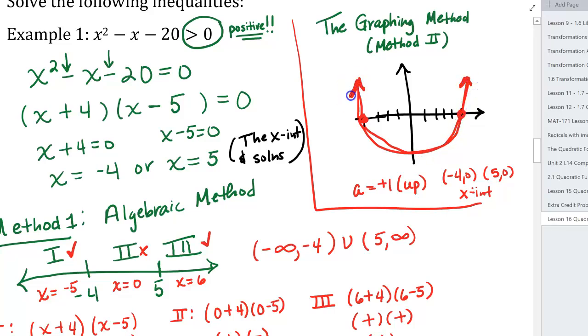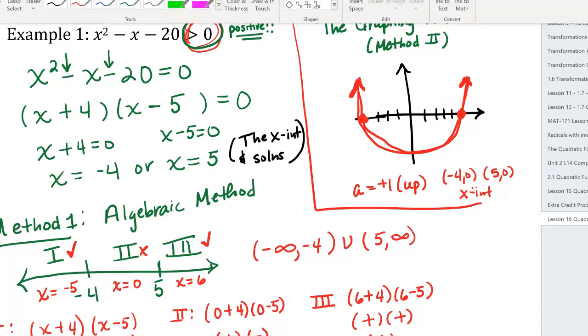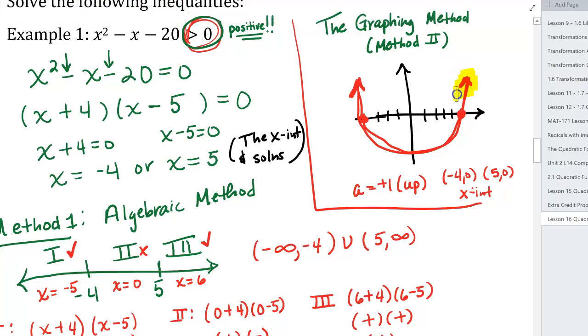Now here's the logic behind the graphing method. I'm looking for where the graph is greater than 0. So the values that are greater than 0 are going to be above the x-axis. So if it's greater than 0, you're looking for the pieces of the graph that are above the x-axis.